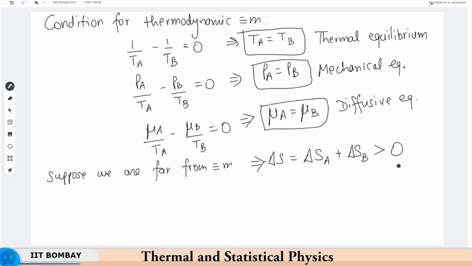Okay. So, now consider a system, and say we are away from equilibrium because of some other reason, which deals with the chemical potential.